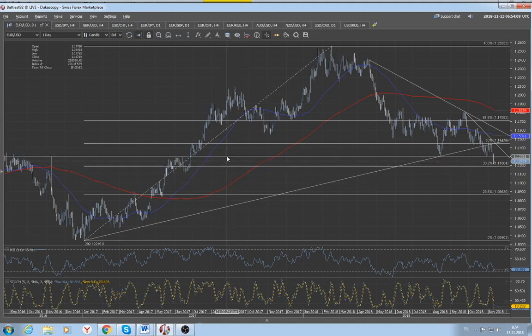So the double bottom formed against the level 113 finally was broken yesterday, but we should understand that's because of the political crisis in the European Union. Of course, also because of the logical economic effectiveness of the current policy conducted in the United States.